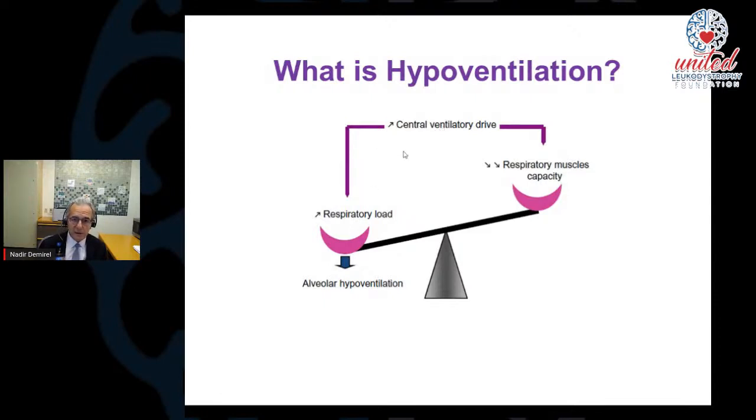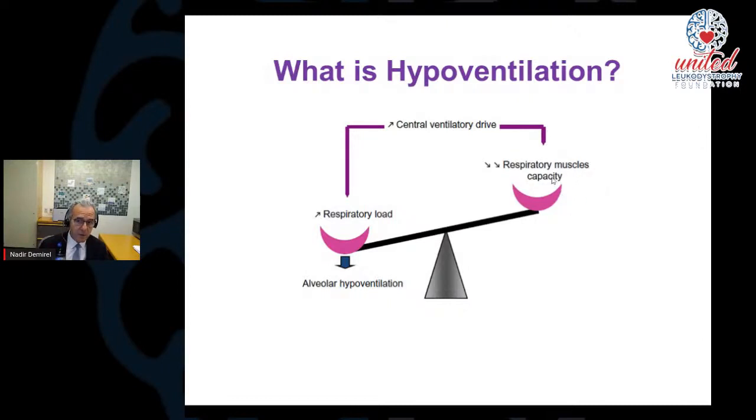So these three mechanisms work in balance. When one of them is not functioning well, the other ones try to compensate. For example, if you have a respiratory infection, in a normal individual, your central drive will send more messages, so your muscles are going to work more to move enough air so that you don't have a low oxygen level or a high carbon dioxide level in your blood.